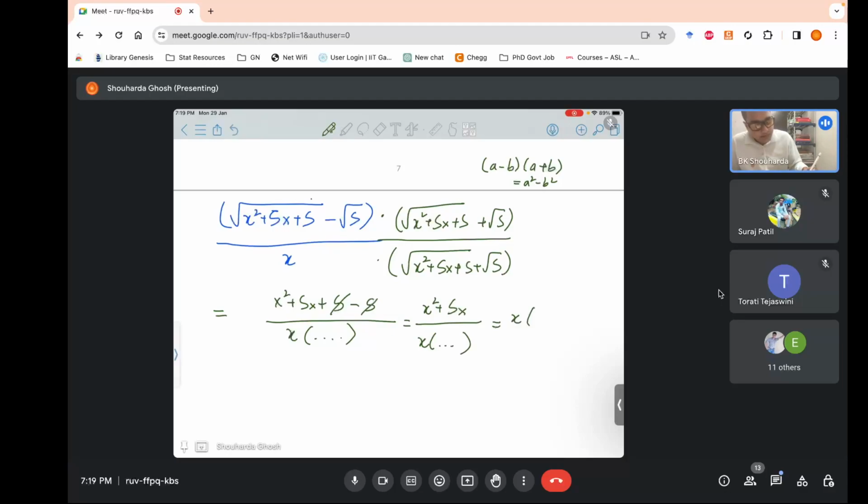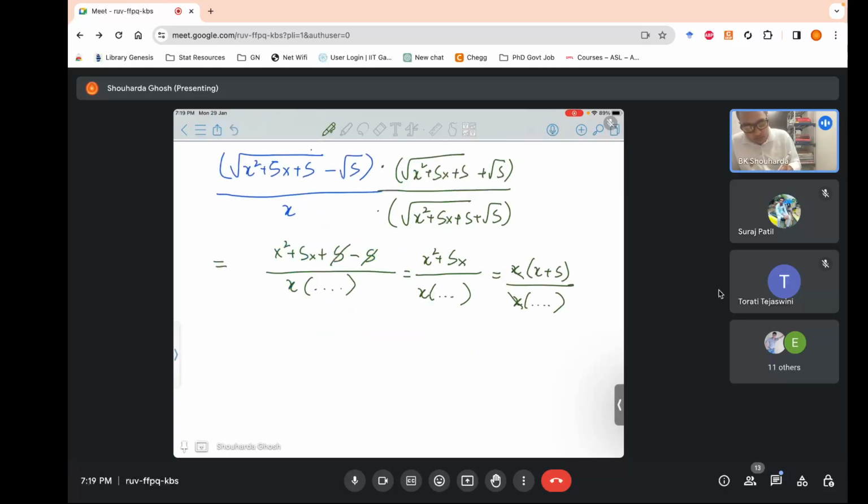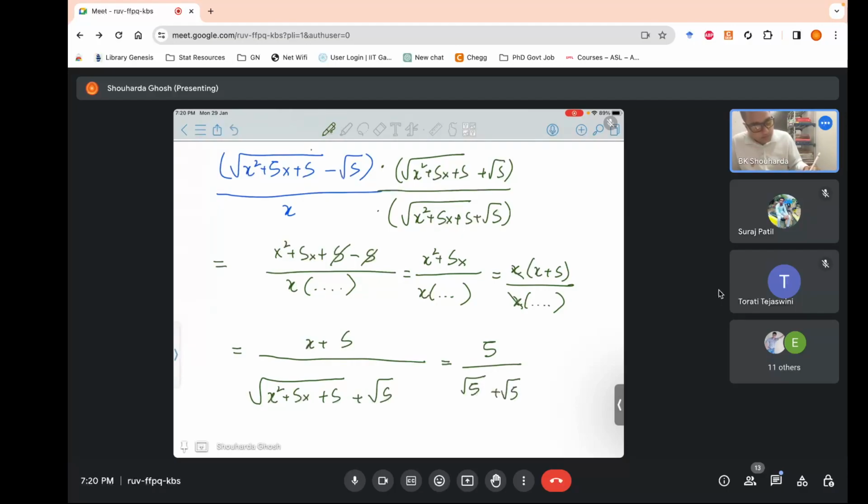I further simplify: x plus 5, x times something. Now let me put up this thing, x square plus 5x plus 5 plus root 5. Now you put in 0 and check. It's 5, it's root 5, it's root 5, it's 5 upon 2 root 5, it's root 5 upon 2.